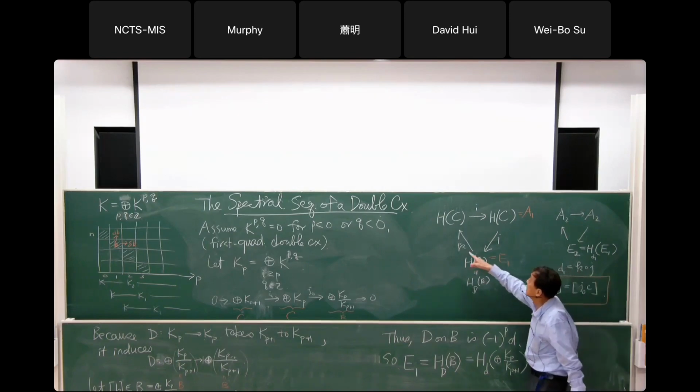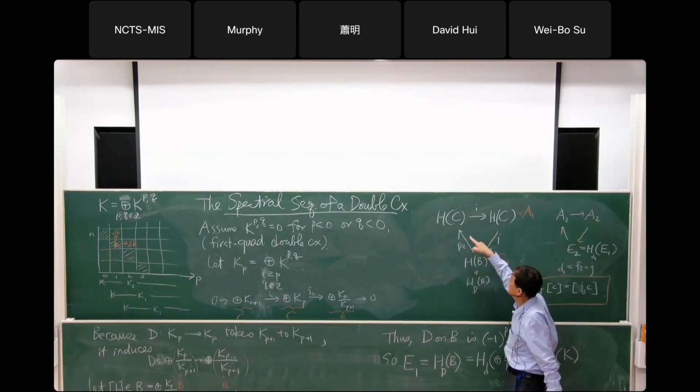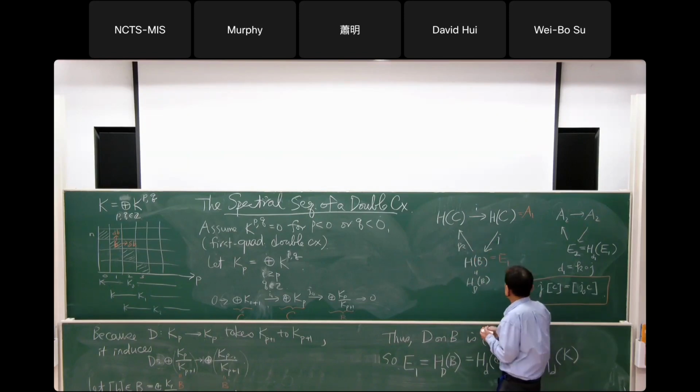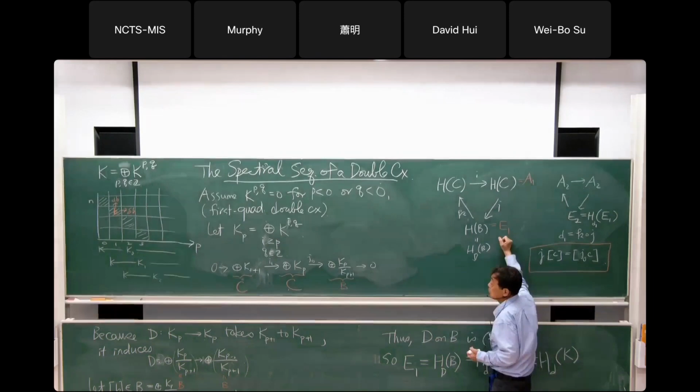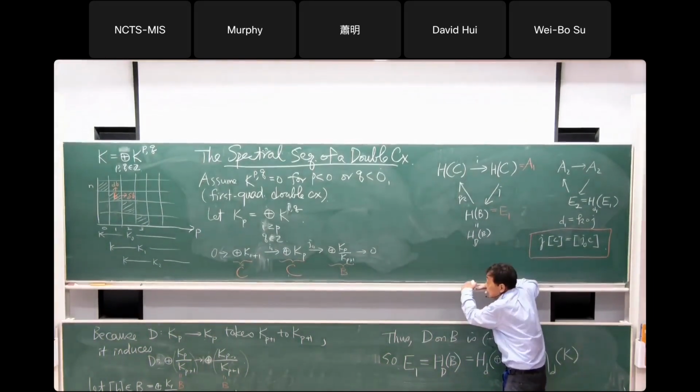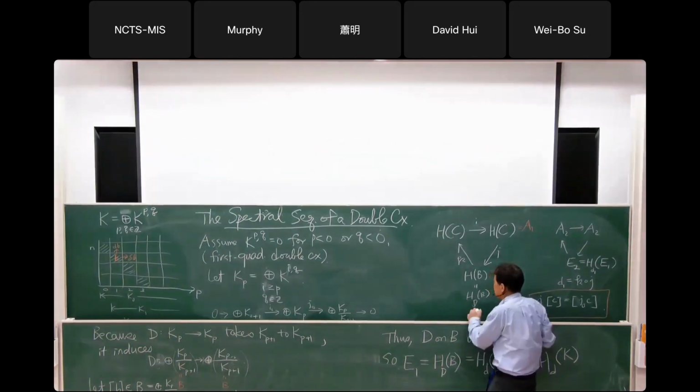And K is the connecting homomorphism in the long exact sequence. So that's what we need to work out. What is the formula for K?